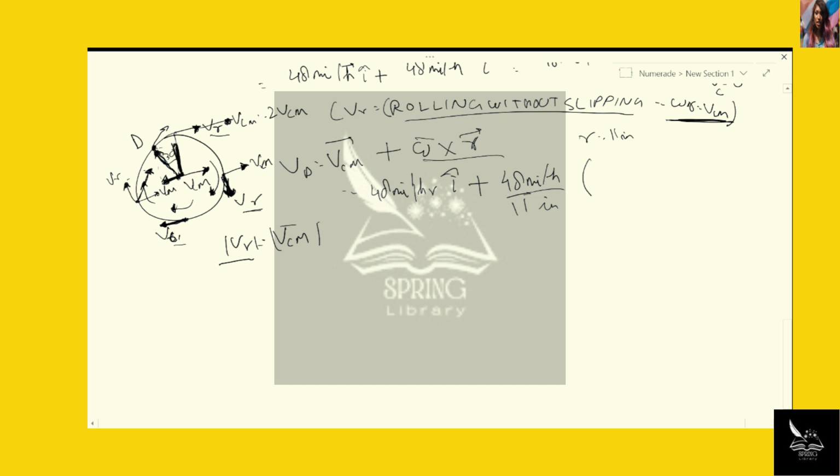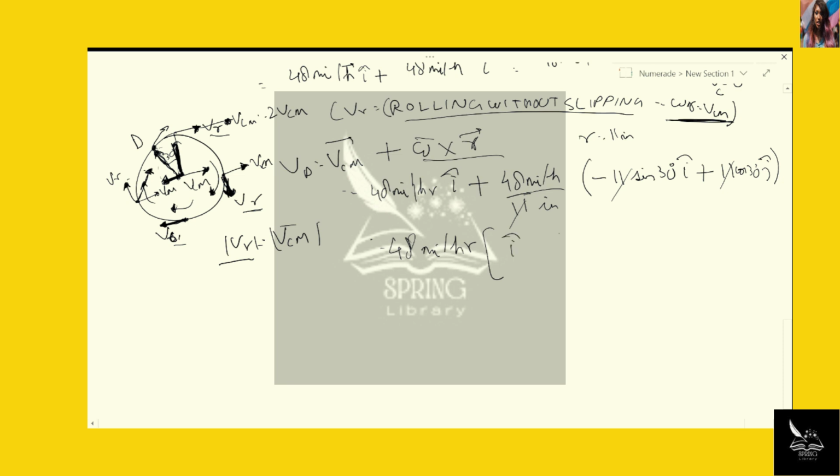So the x component is negative, so it's minus 11 sin 30 degrees I, plus the y component 11 cos 30 degrees, and it's a positive component because it's pointing up, j. So this is your R. So 11 cancels everything, and then basically we end up with 48 miles per hour. We can take it as common.